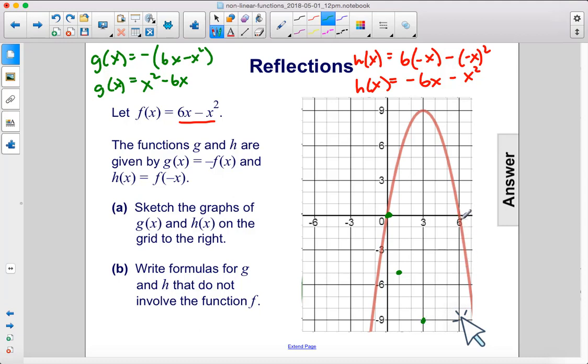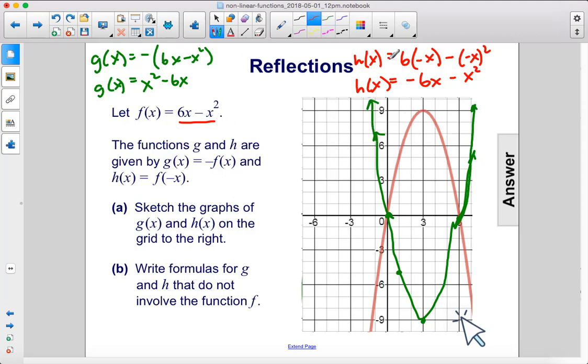All right, and let's plug in 6 here. 36 minus 36 gives us 0. So look, we have our parabola. I can draw that nicer. Parabola like this. I'm not very good at drawing these lines. All right, there we go.